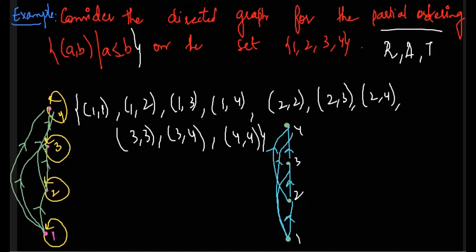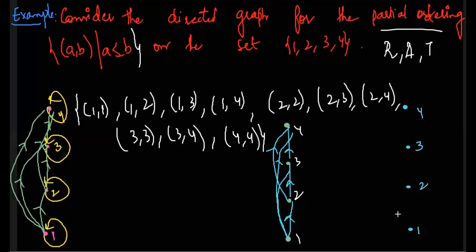So in the next step, let's draw our 4 vertices again and name them 1, 2, 3, 4. Now we are supposed to remove all the transitive edges. If we have a relation from 1 to 2 and 2 to 3, then obviously, because it is a partial ordering, we will have a relation from 1 to 3 and it need not be represented.